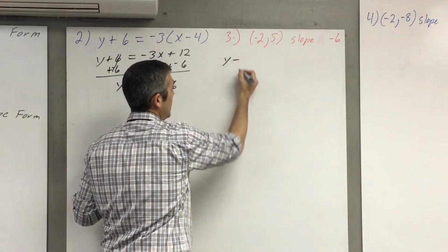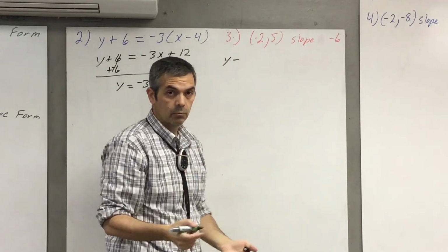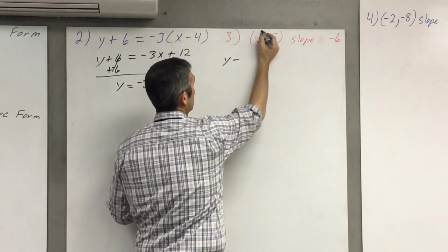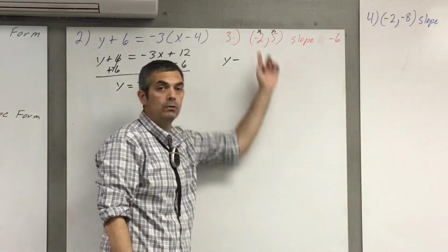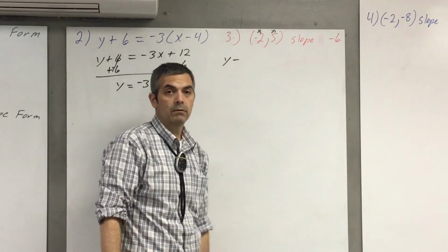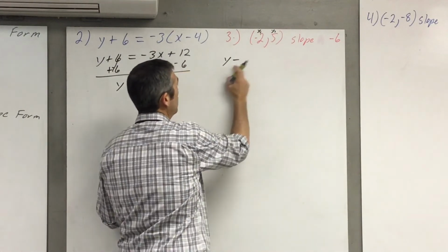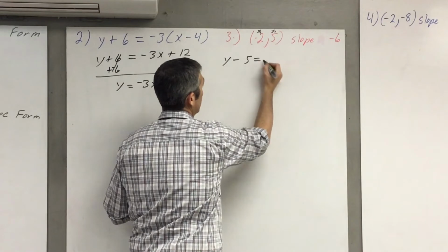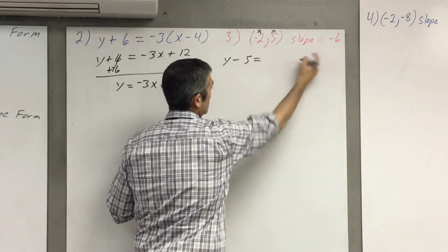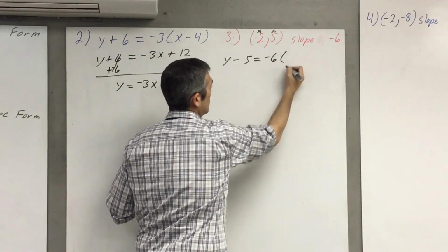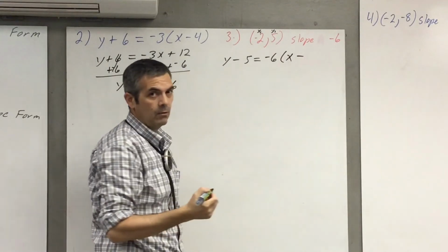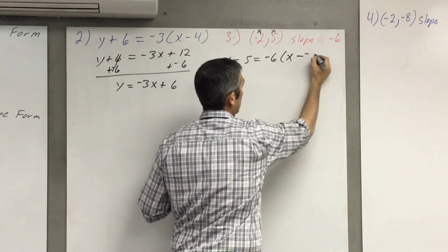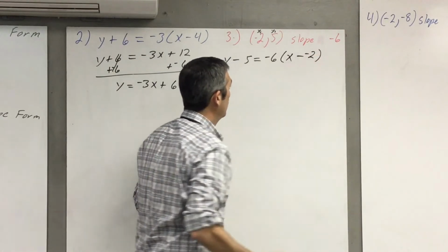Y minus your y1. Okay, so here, x subset 1, y subset 1, and if you have to, do that. Make it easier on yourself. Label it. Y minus 5 equals your slope, negative 6, parenthesis, the x minus x subset 1, so negative 2.